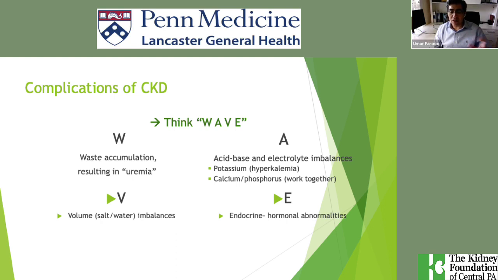The edema or the volume status is disturbed. The acid base, potassium high and sometimes low as well, calcium and phosphorus working together, and anemia or endocrine abnormalities. Basically, whatever good things kidneys do on a good day, now because they are doing less or not doing them, you see complications around those functions.